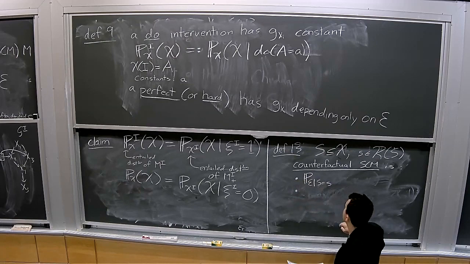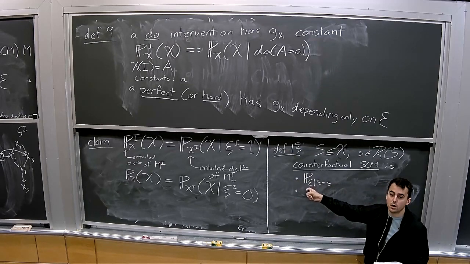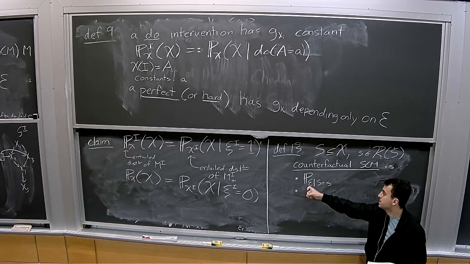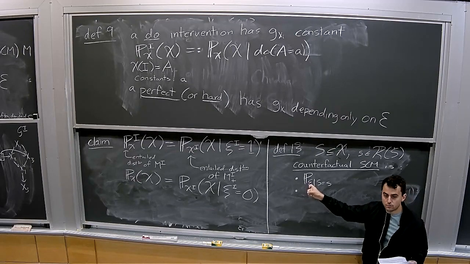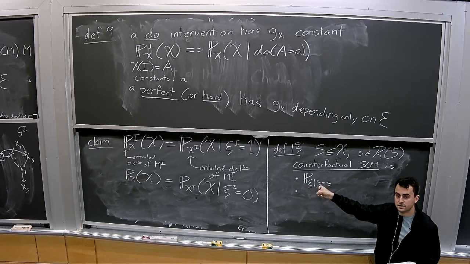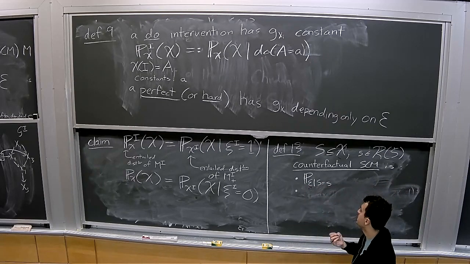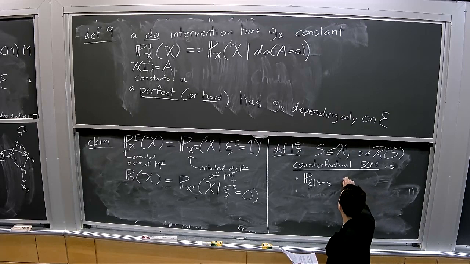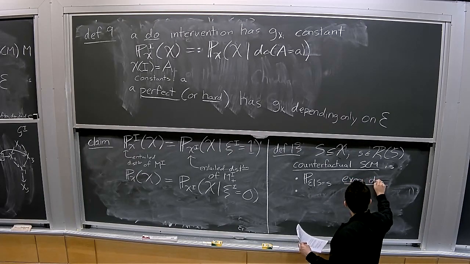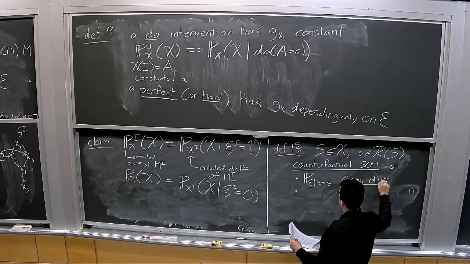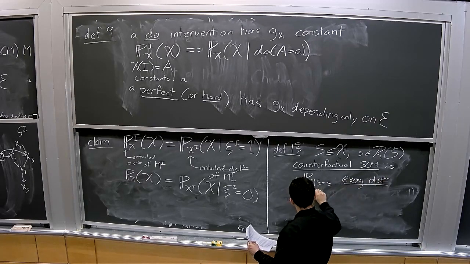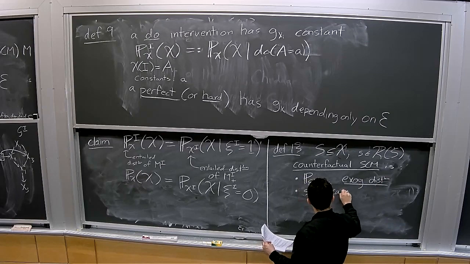So the distribution over the epsilons is no longer going to be a product distribution. Generally speaking, it's going to be the conditional distribution over those variables given the S that we actually saw. And we'll see how this plays out with an example. So that's the exogenous distribution, and then the same causal mechanisms.